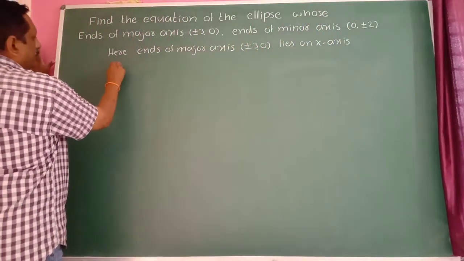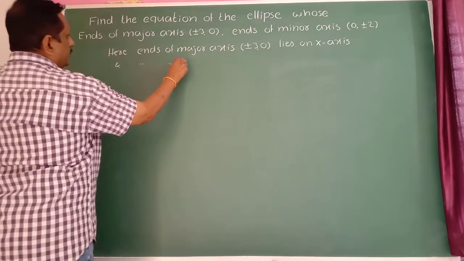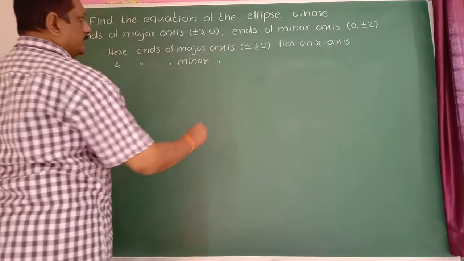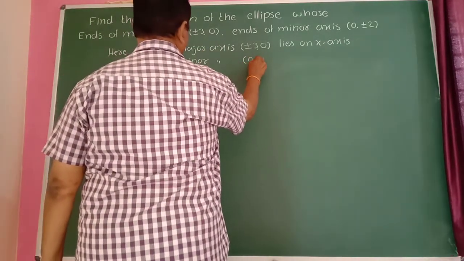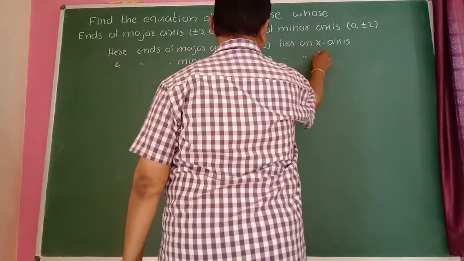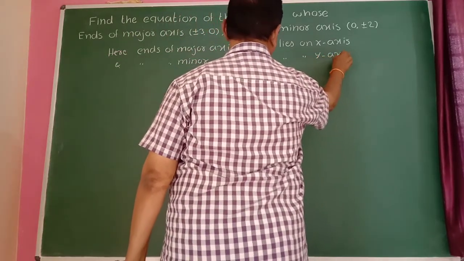And ends of the minor axis, 0 plus or minus 2, lie on the y axis here.